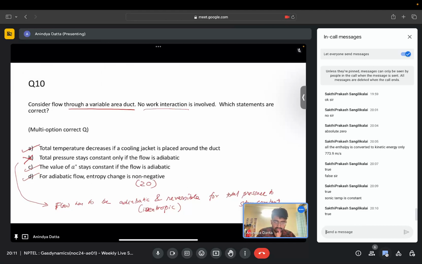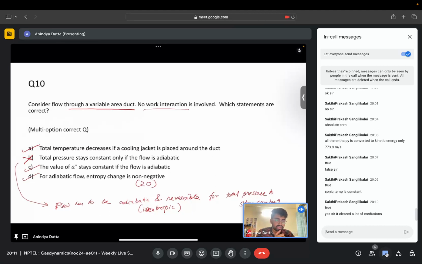We got slightly over time today, but I think the discussion we had will give you a much better understanding of stagnation properties, which will be useful in the subsequent lectures related to different configurations. Just go through everything again.